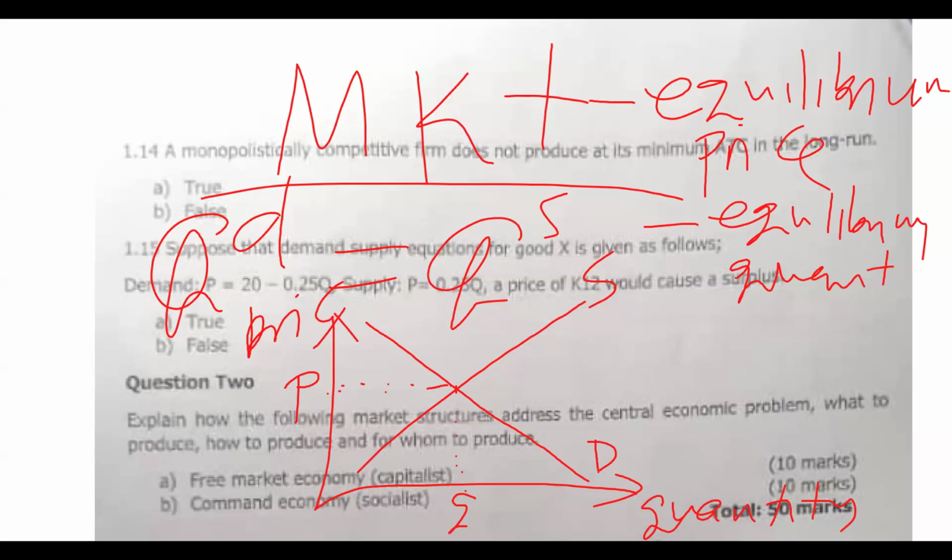Remember, I said in economics, we explain the relationships verbally, where we use words to say there is a negative relationship between demand and price, a positive one between the price and quantity supplied, and market equilibrium means when the demand is equal to supply.